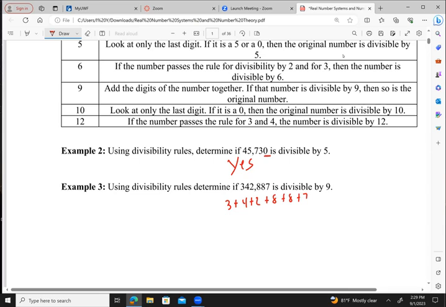And what do we get? 7, 9, 17, 25, 32. 32 is not divisible by 9.